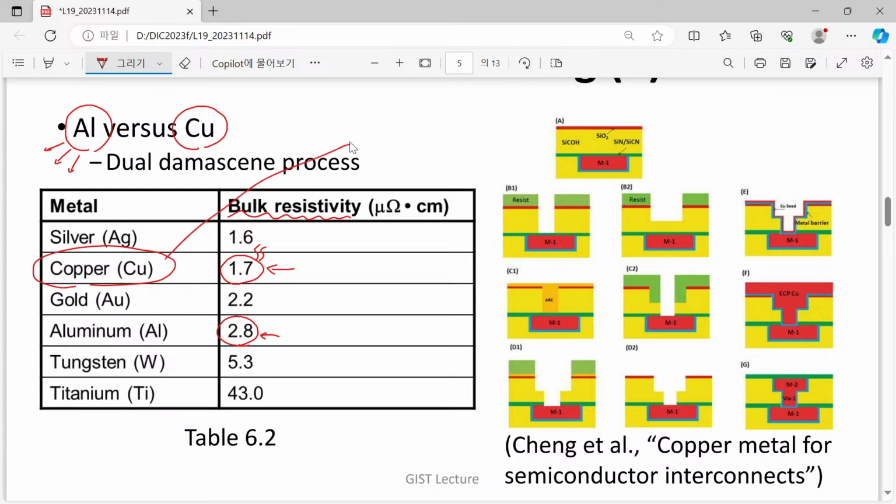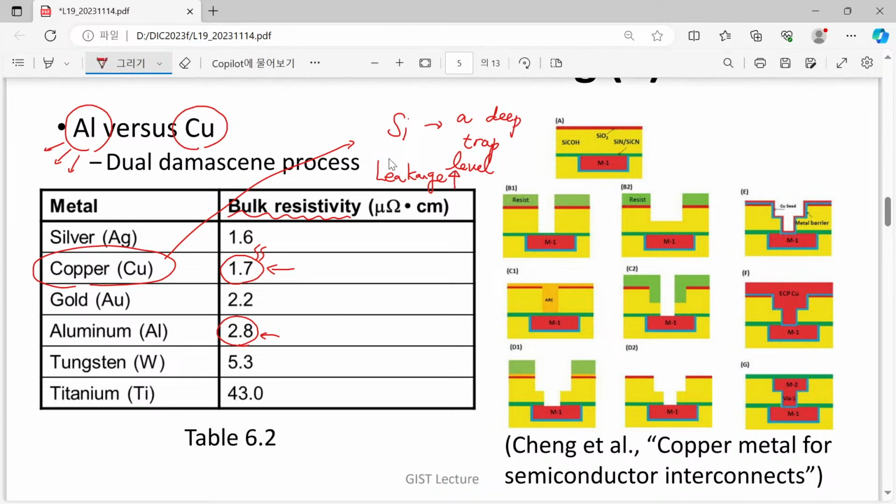When copper is inside the silicon, it contributes a deep trap level. Simply speaking, if we have copper inside the silicon, then our leakage current is increased drastically.